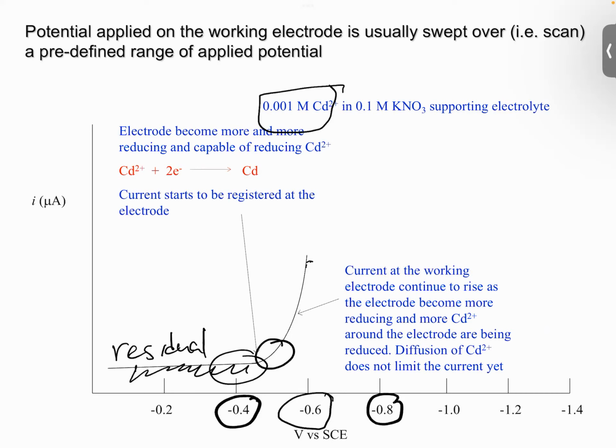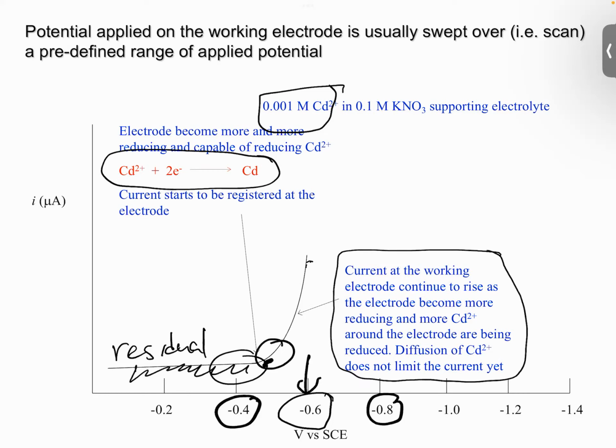So this is where we start to have the redox reaction of this process, cadmium 2+ plus 2 electrons, and this is the voltage where the cadmium starts to be reduced. So current at the working electrode continues to rise as the electrode becomes more reducing and more cadmium 2+ is being reduced.